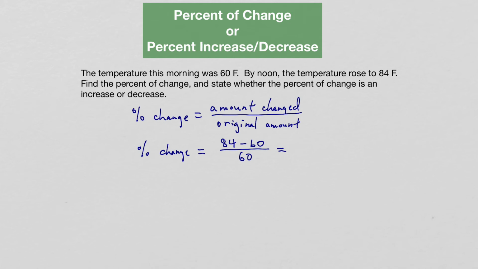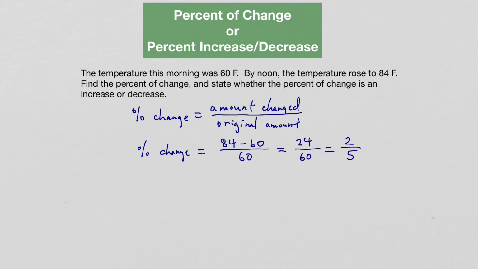So 84 minus 60 comes out to 24, and we put that over 60. And the common factor between 24 and 60 is 12, so we're going to factor that out. 12 goes into 24 2 times, and 12 goes into 60 5 times.